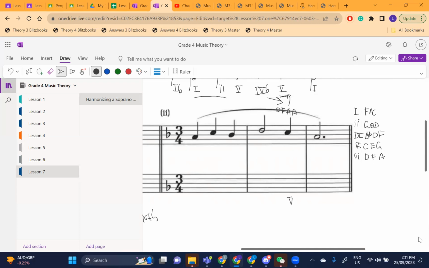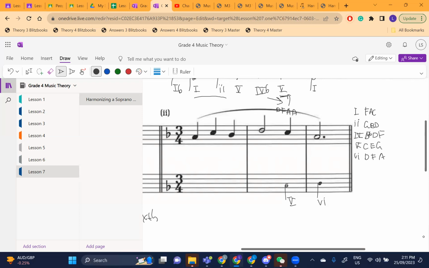Instead of doing this as a perfect cadence, I'm going to do this as an interrupted cadence. Yeah, the interrupted cadence works.